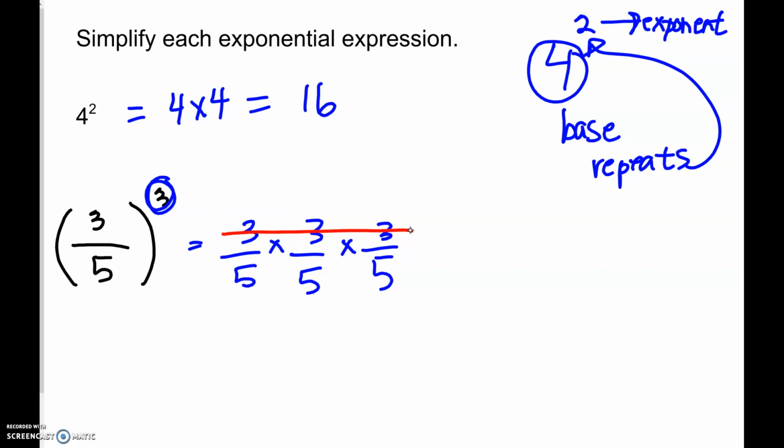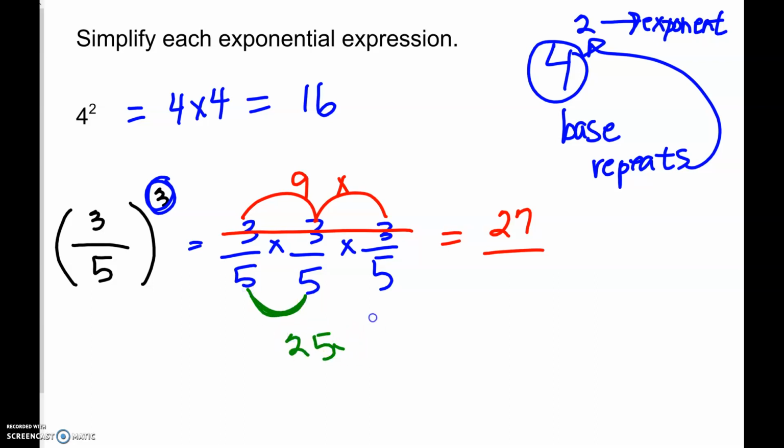So 3 times 3 is 9, and now 9 times 3 is 27. So we get a 27 on top. Now we do the same thing for the bottom. We multiply 5 times 5, which is 25, and then multiply by 5, and we get 125. So the answer here is 27 over 125.